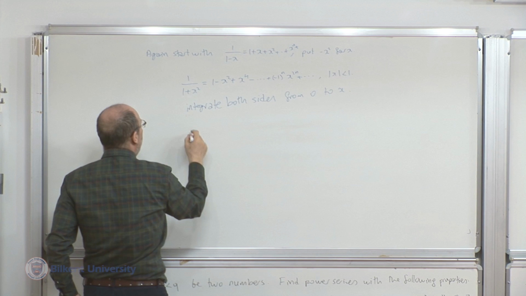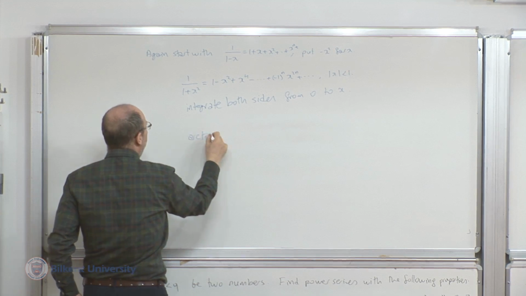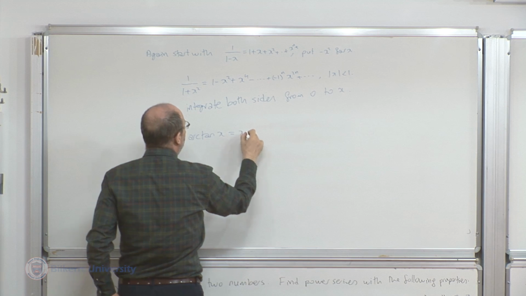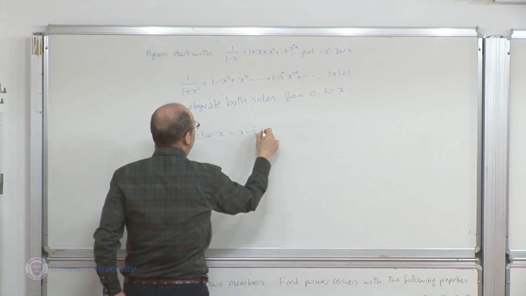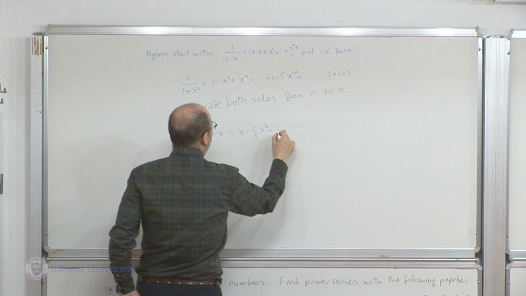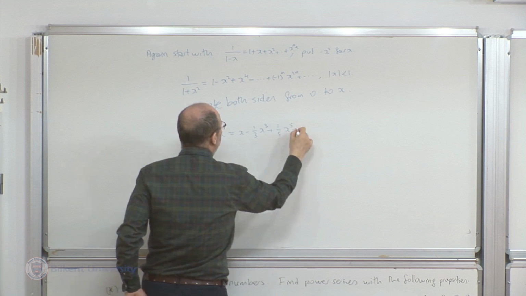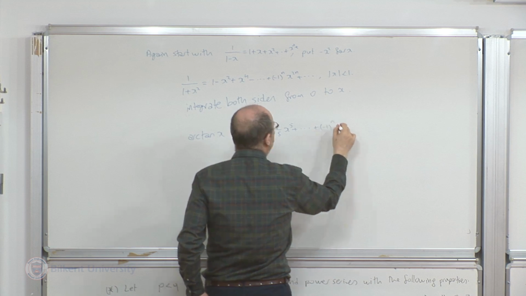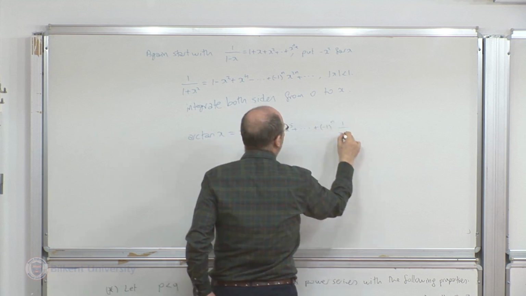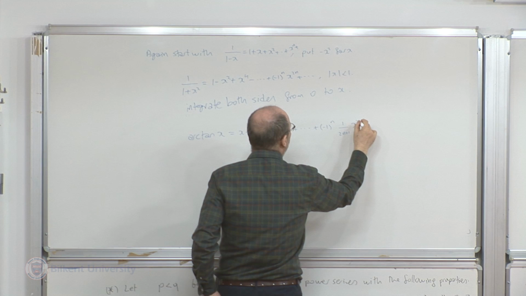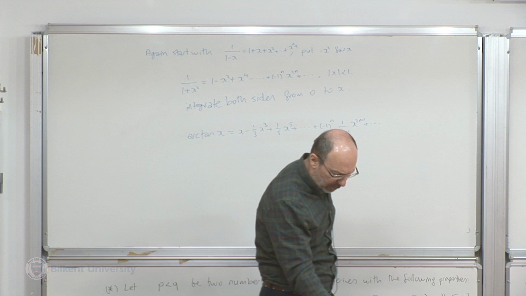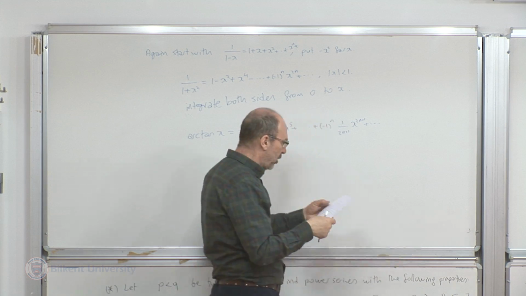Here we get arctangent x equals x - 1/3 x^3 + 1/5 x^5 - ... plus (-1)^n 1/(2n+1) x^(2n+1), etc. So let me check the endpoints here, because the endpoints we have to check separately.